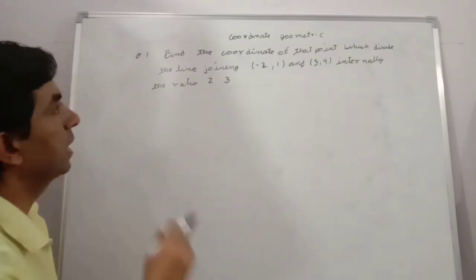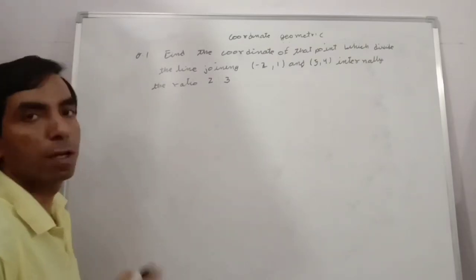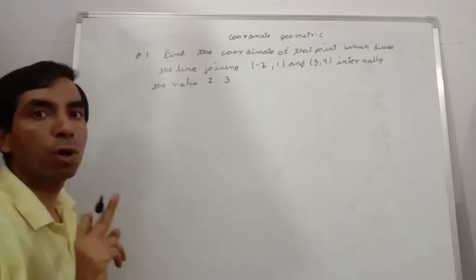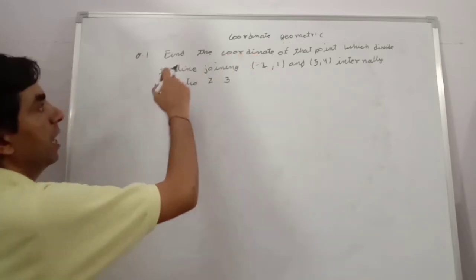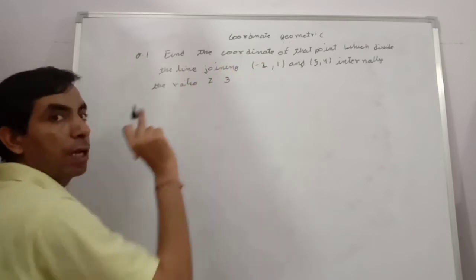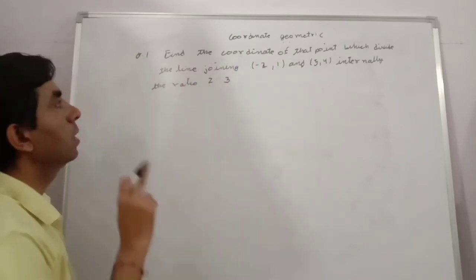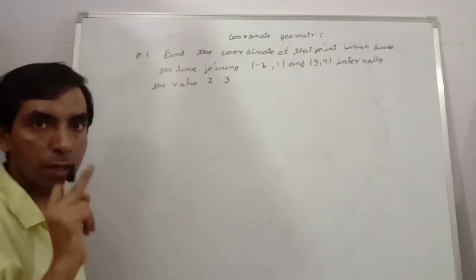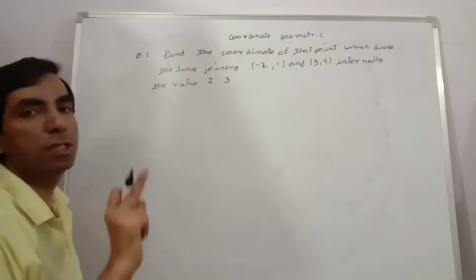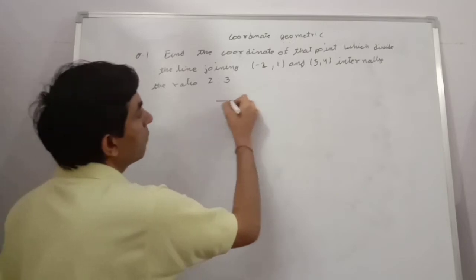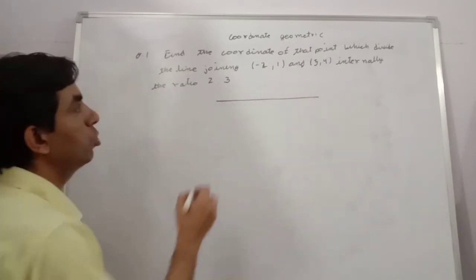Here we are given: find the coordinate of that point which divides the line joining these 2 points internally, and the ratio is 2:3. So we have a line which joins 2 points.